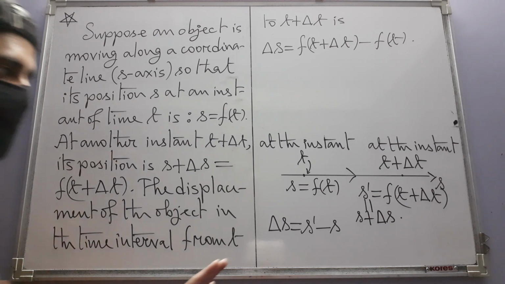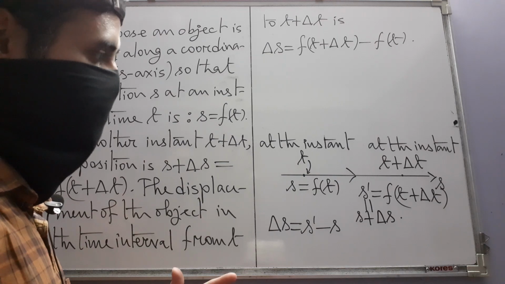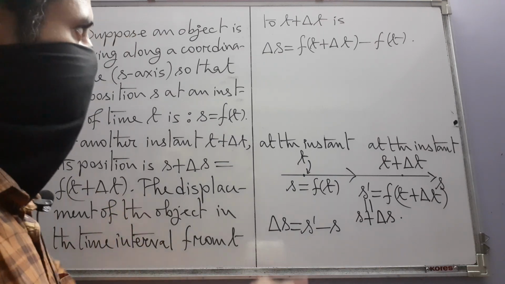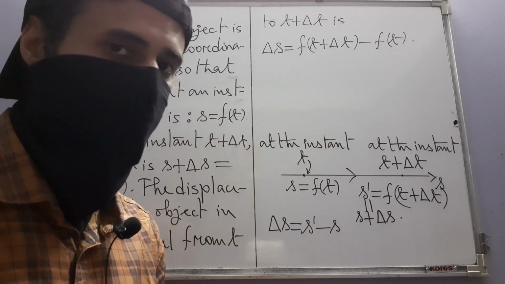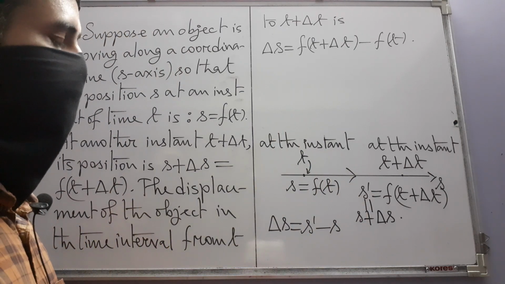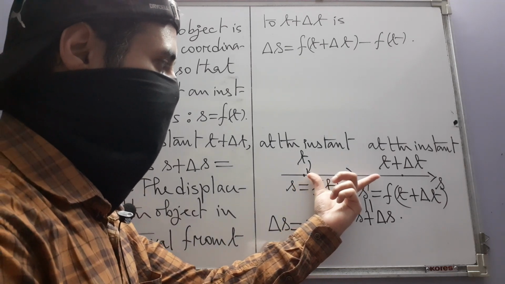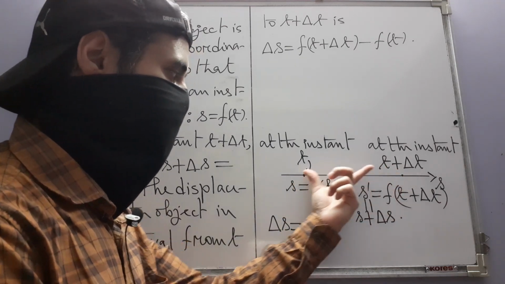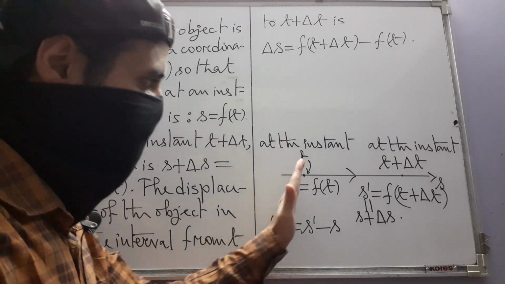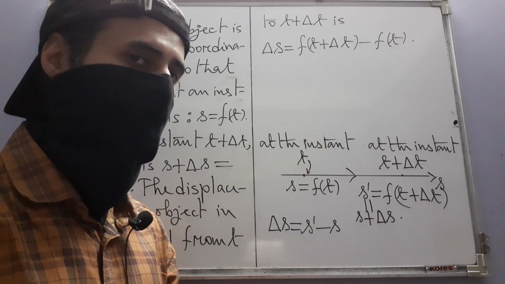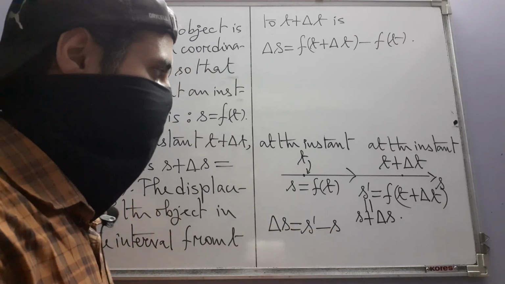Now, before we say something else about this situation, let us observe one thing. This delta S may be negative also. It's tempting to simply think of delta S as the distance between the two positions of the object during its motion at these instants of time. Yes, it is distance, but it is a signed distance. It comes with a sign.